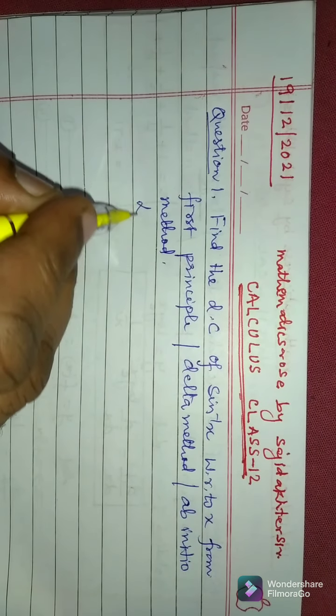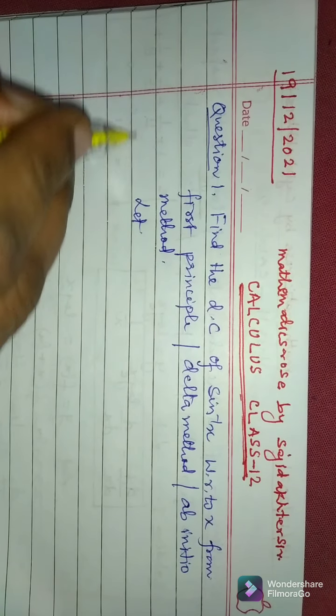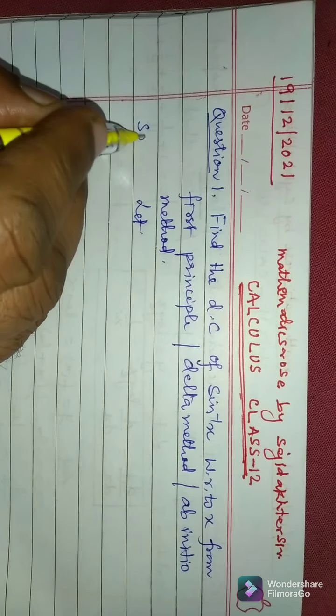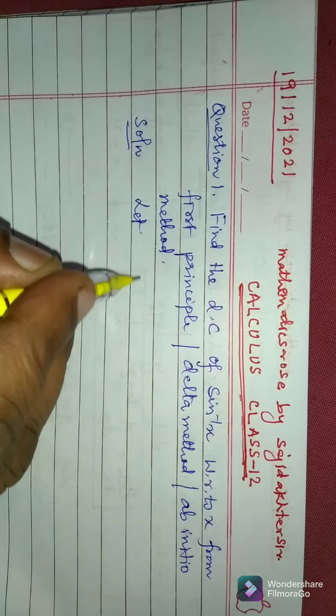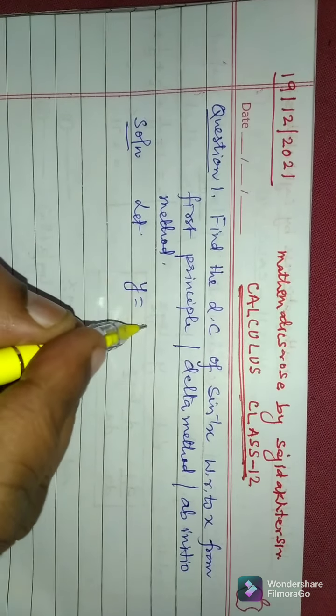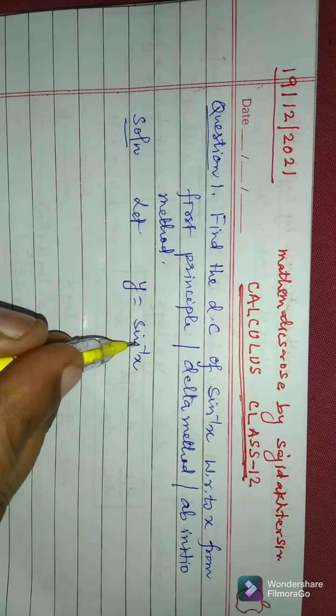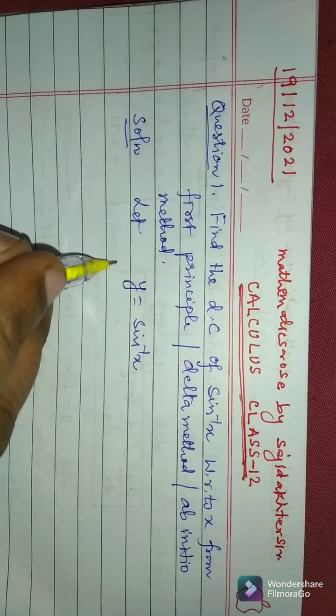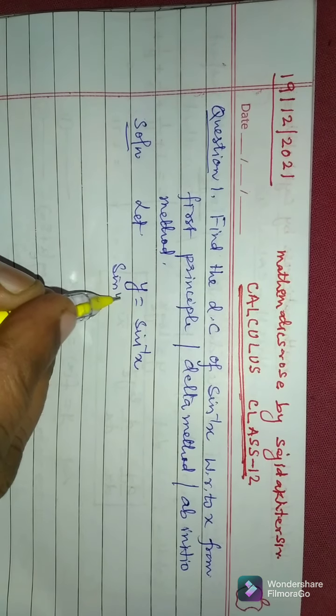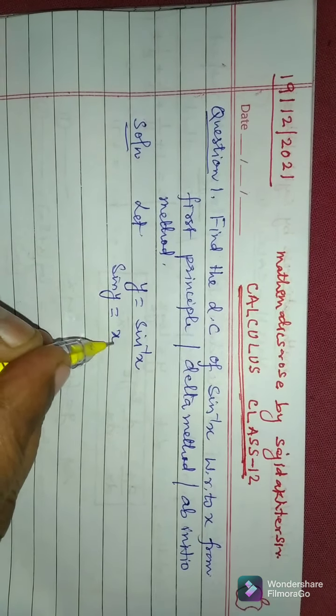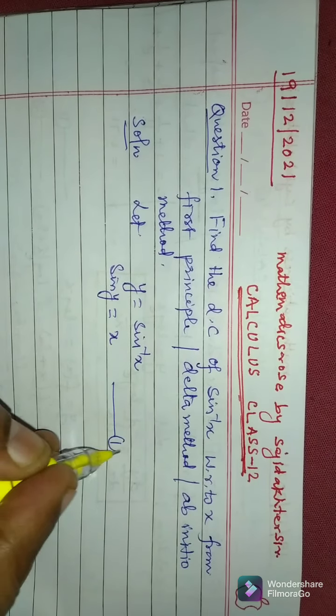Solution. Let y is equal to sine inverse x. Now we are taking sine on this side, so sine y is equal to x. This is taken as equation 1.